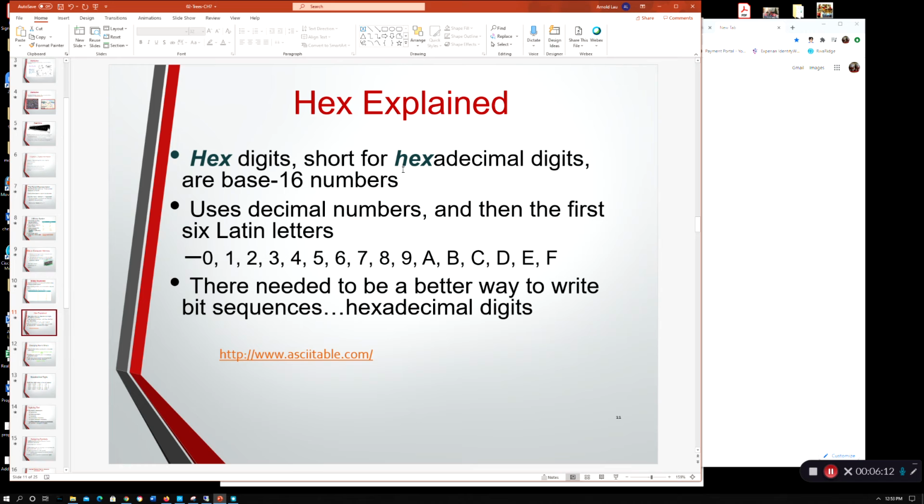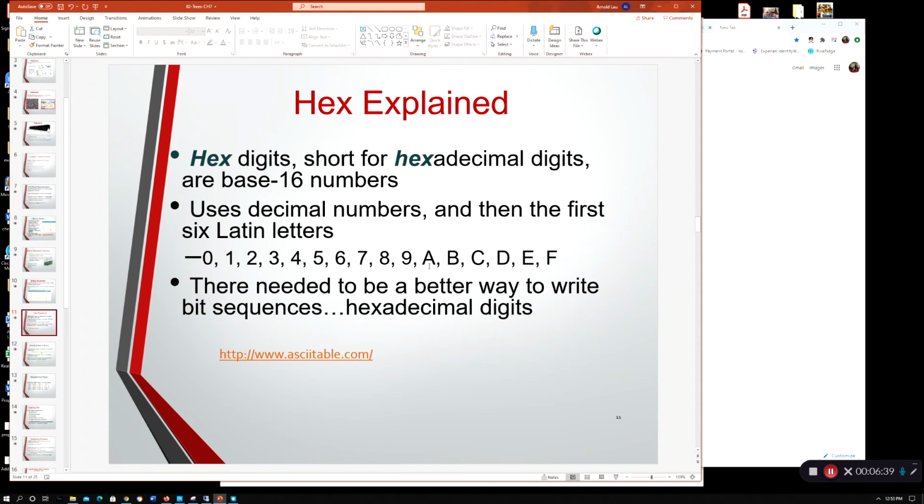Hexadecimal is base 16. As it says here, the first digits are what you're used to when you're counting to 10, right? So 0, 1, 2, 3, all the way up to 9. Those are all digits that go up to 9, so that represents the first 10 characters of what you call hex.